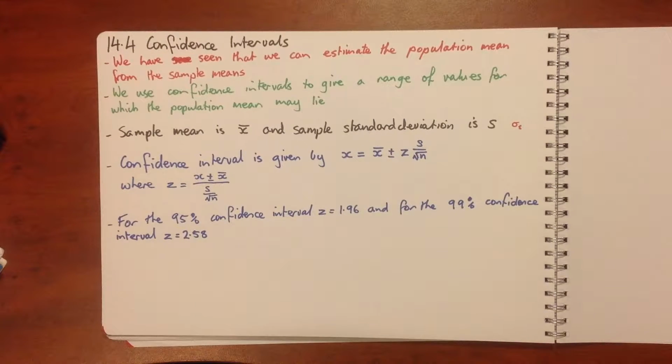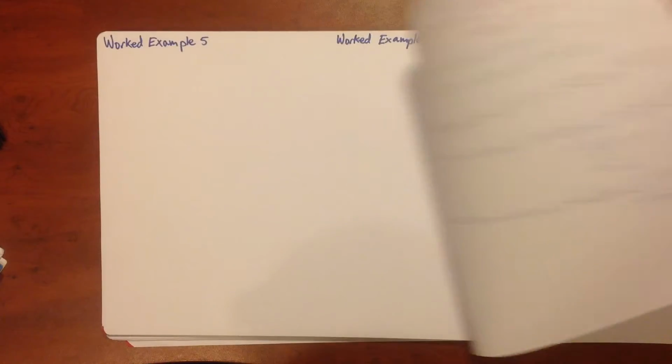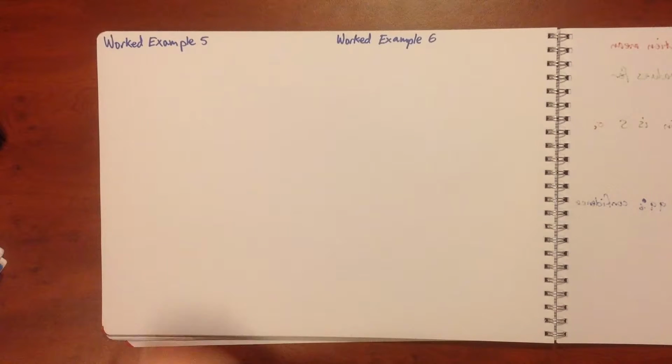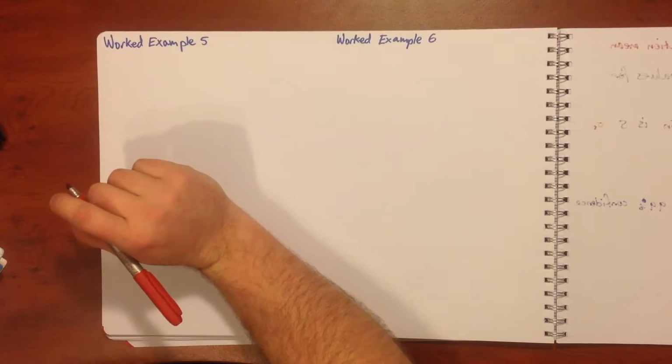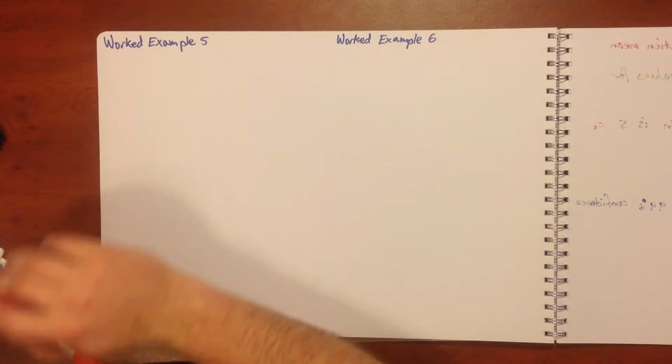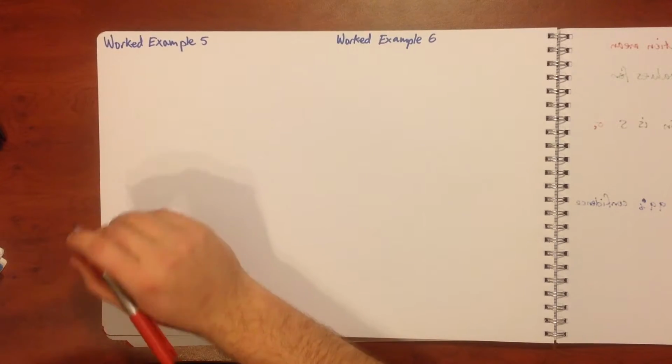So what we'll do is we'll jump into a couple of worked examples. We're going to look at worked example 5 to start off with. After surveying the 20 people in your class, you find that they plan to spend an average of $4.53 on their lunch today. The standard deviation for your sample was 0.23.